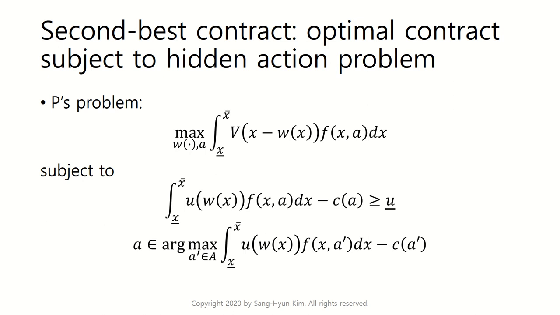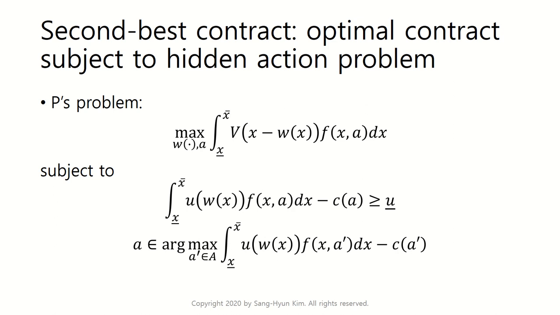So this is the optimal contract subject to hidden action problem. So again, we see this principal's problem. The principal's objective function is the expected utility. So principal's utility is v function, so expected utility is integral of v times f.